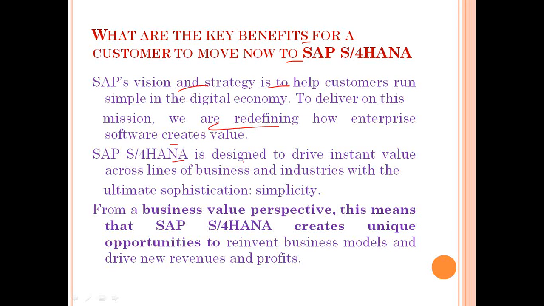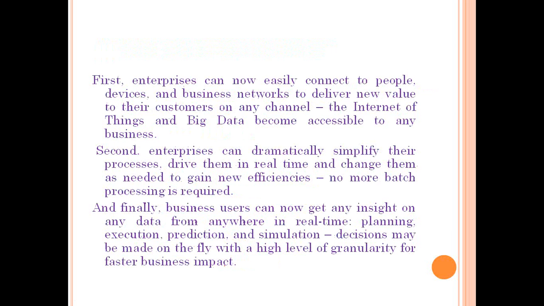So S/4HANA is designed to drive instant value across lines of business and industries with the ultimate sophistication and simplicity. From a business value perspective, this means S/4HANA creates unique opportunities to reinvent business models and drive new revenues and profits. Let me state the benefits.